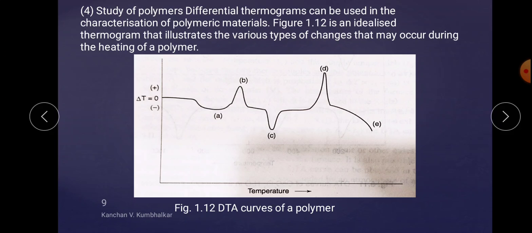We can identify what kind of reaction occurred at what temperature, what the decomposition temperature and crystallization temperature are, and what the stability of the polymer is. The overall study of a polymer can be done by using a DTA curve. This is the fourth and last application of the DTA curve.